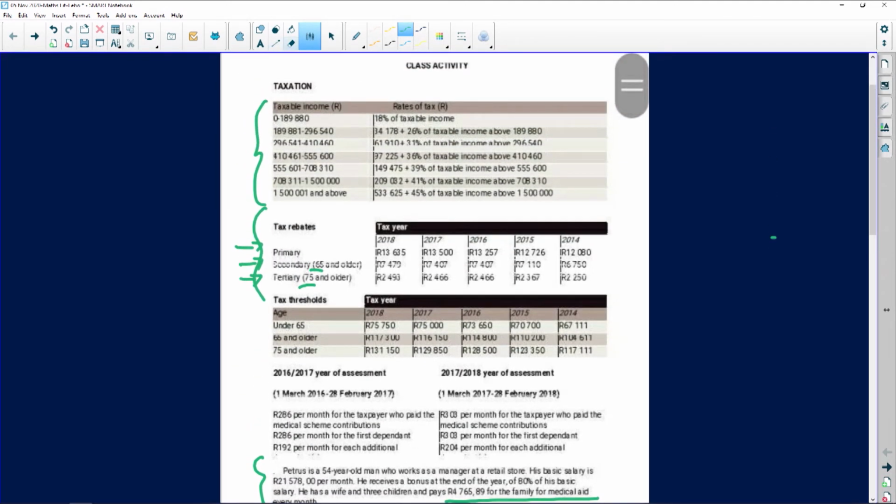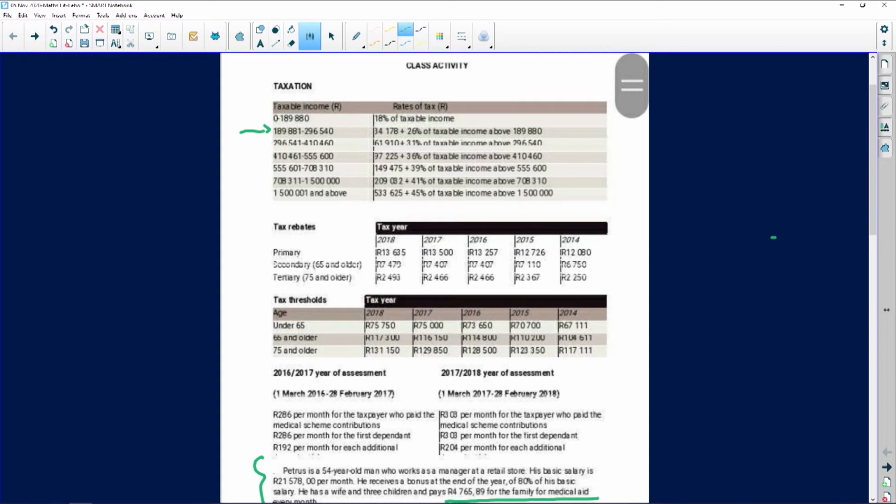Now we come back to our tax bracket, guys. And in terms of our tax bracket, 219,000 would fall under the second one. I don't know if my arrow is pointing in the proper place, but it would fall here in the second tax bracket in between there.